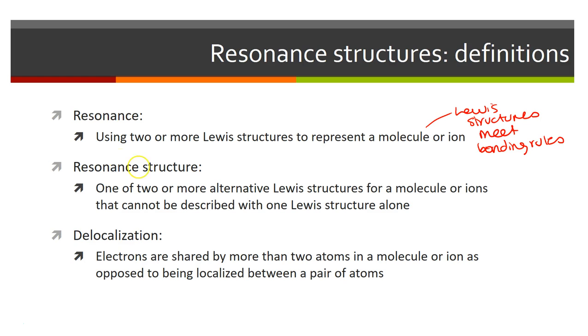A resonance structure is one of the multiple alternatives that we can have for those Lewis structures. And then delocalization is the electrons being shared between more than two atoms or across two atoms. So like in ozone, it's going to be shared across the 3 atoms in our ozone molecule.